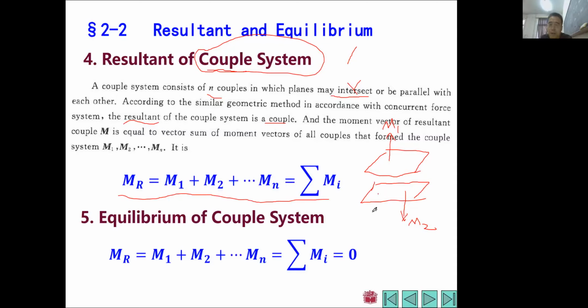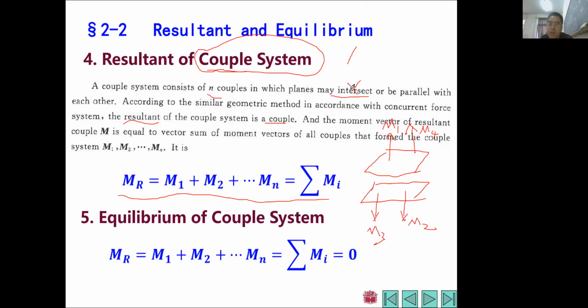So if there are a lot of couples in this couple system, maybe this M3, and maybe this M4. You can see all these moment vectors will be along the same direction, the vertical direction, right?